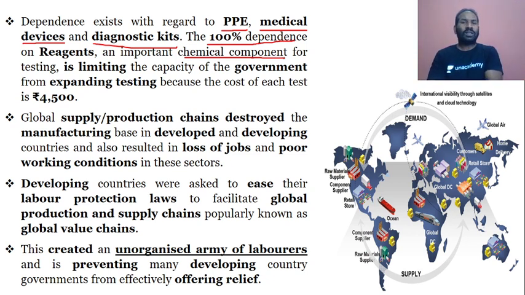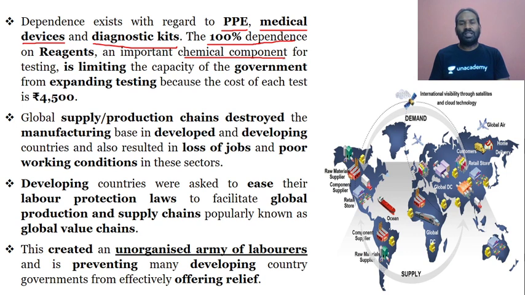These chemical components are called reagents, which again limits our testing capacity, wherein India does not really have the capacity to produce diagnostic kits, because it is dependent on China because of the liberalization.